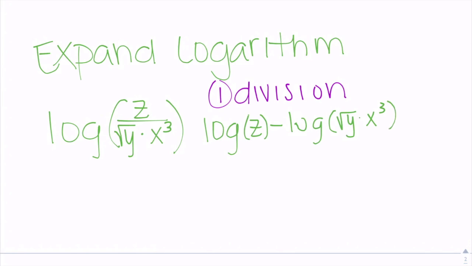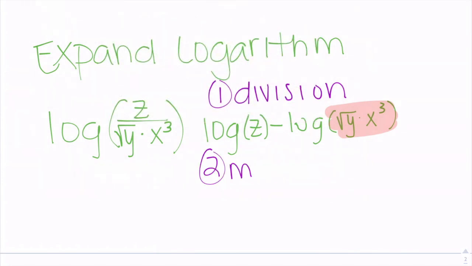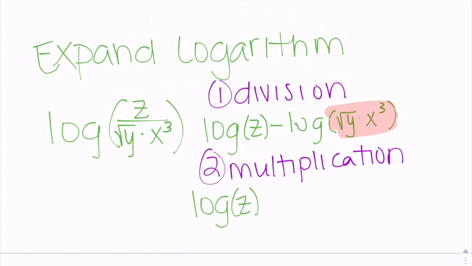And now we're going to expand dealing with our multiplication right here. And so that's going to give us log of z minus, and now since the multiplication is inside the logarithm being subtracted, you're going to put all of this in parentheses. So it's going to be log of the square root of y plus log of x cubed.